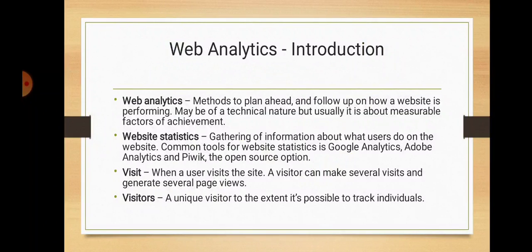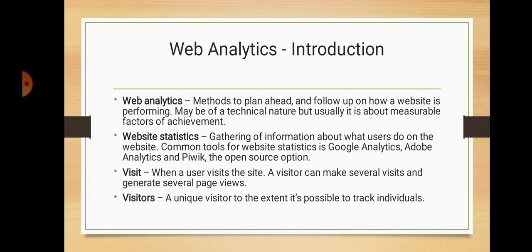Then what is meant by web analytics? Definitions. First term is web analytics, the method to plan ahead and follow up on how a website is performing, and it may be of technical nature, but usually it is about the measurable factors of achievements.